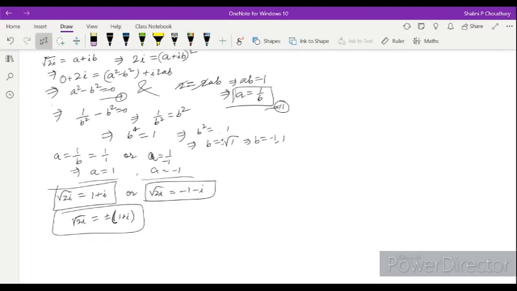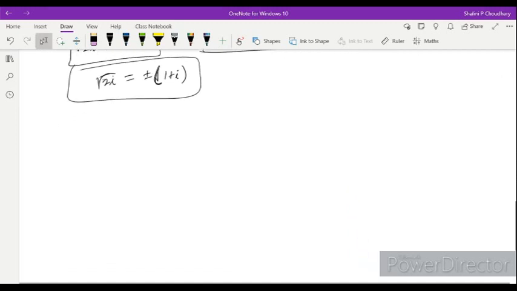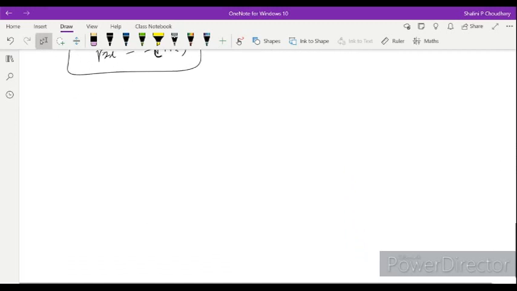Now the next thing that we are going to start is quadratic equation, solution of a quadratic equation in the complex number system. Okay, so now we have to find out the solution of a quadratic equation.